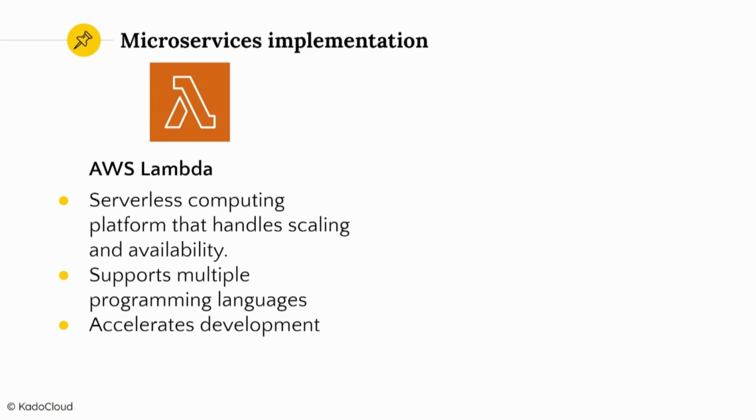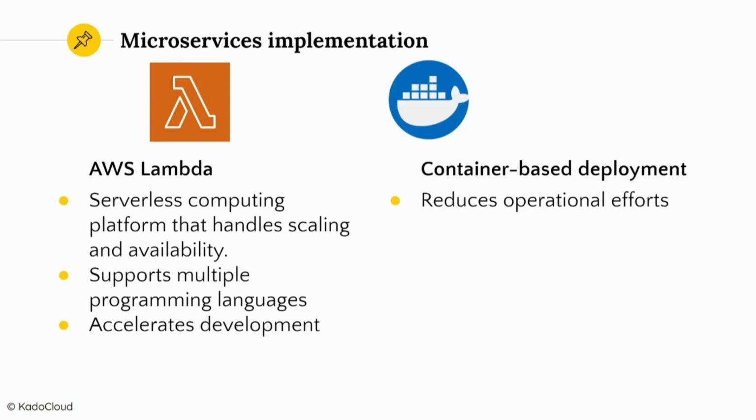You can choose from a range of supported programming languages and invoke Lambda functions from other AWS services or directly from your web or mobile app. The key benefit of AWS Lambda is its ability to accelerate development, as you can focus on writing business logic while AWS manages security and scaling.